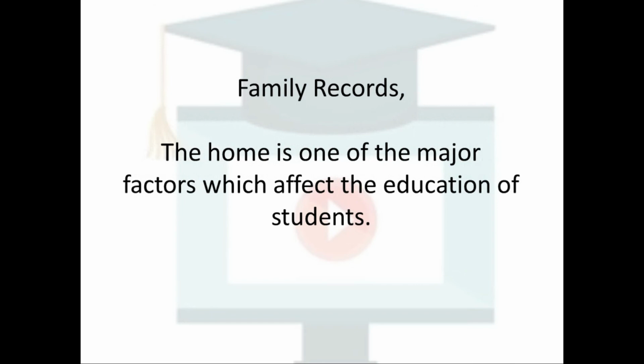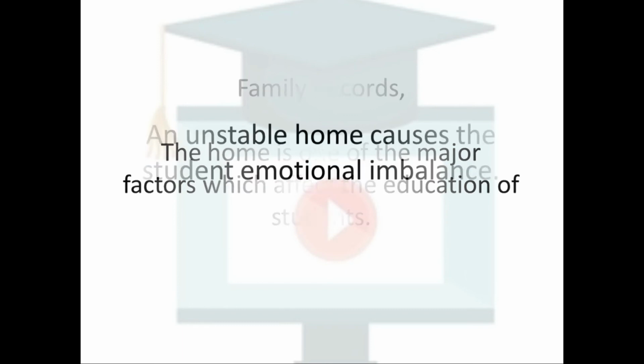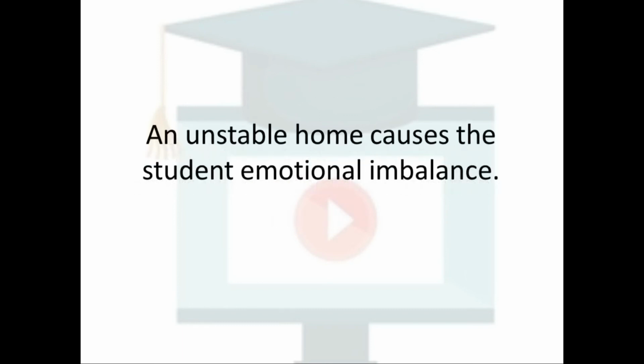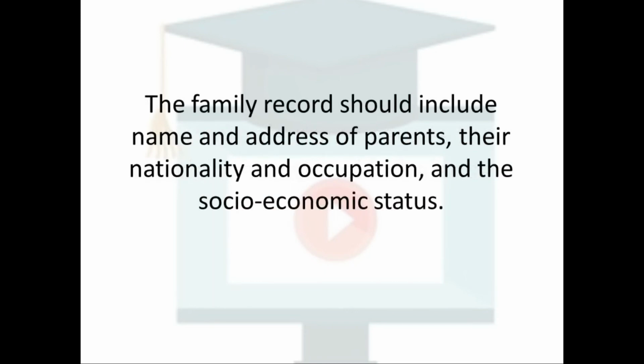Family records. The home is one of the major factors which affect the education of students. An unstable home causes the student emotional imbalance. The family record should include name and address of parents, their nationality and occupation, and the socio-economic status.